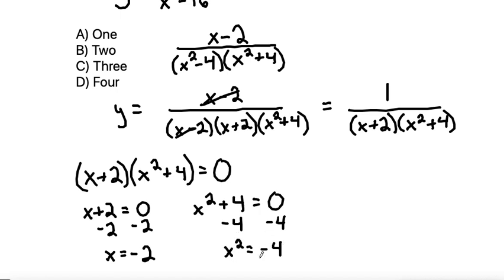So this factor is not going to give us any solutions or vertical asymptotes. So that means that we only have this one vertical asymptote for this problem.